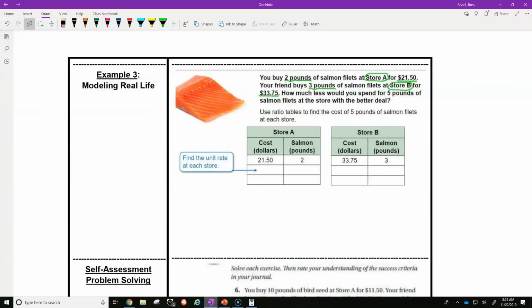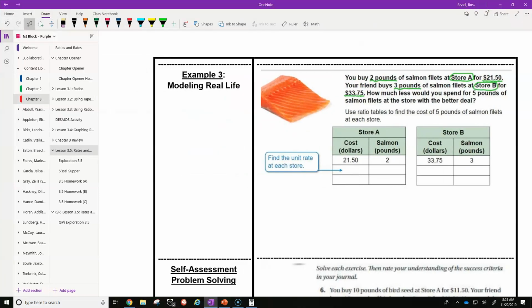Okay, on the back of your notes, I want you to write at the very top, Sissel Supper. You guys, we want to get through so you guys have plenty of time.